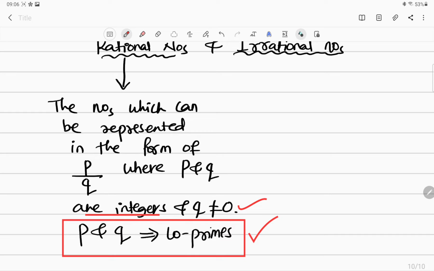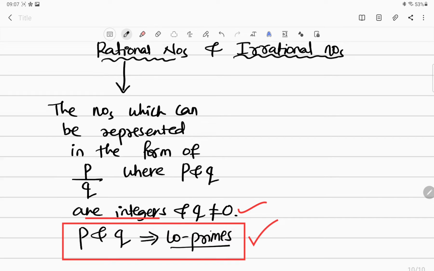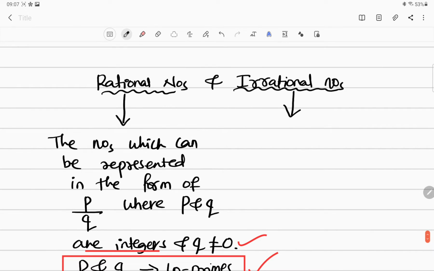And what is the meaning of co-primes? If you don't know the meaning of co-primes, then go back to the previous video and learn about co-primes. Now, what do you mean by irrational numbers?